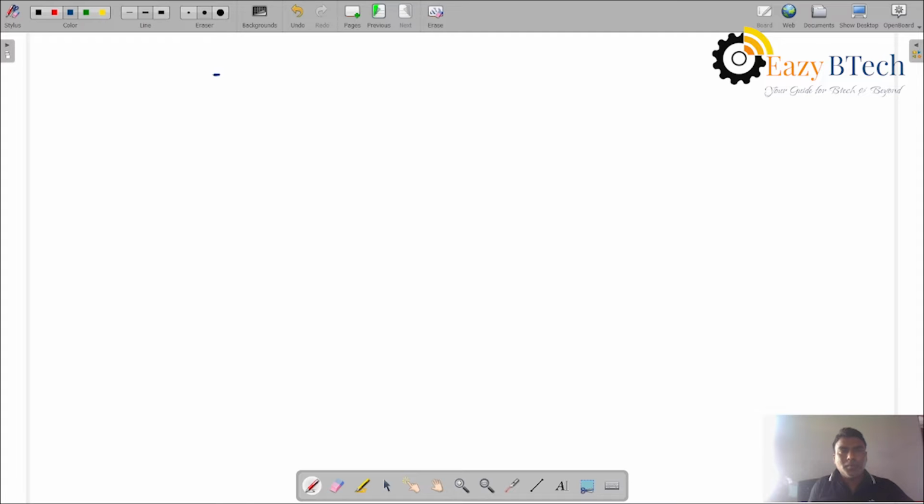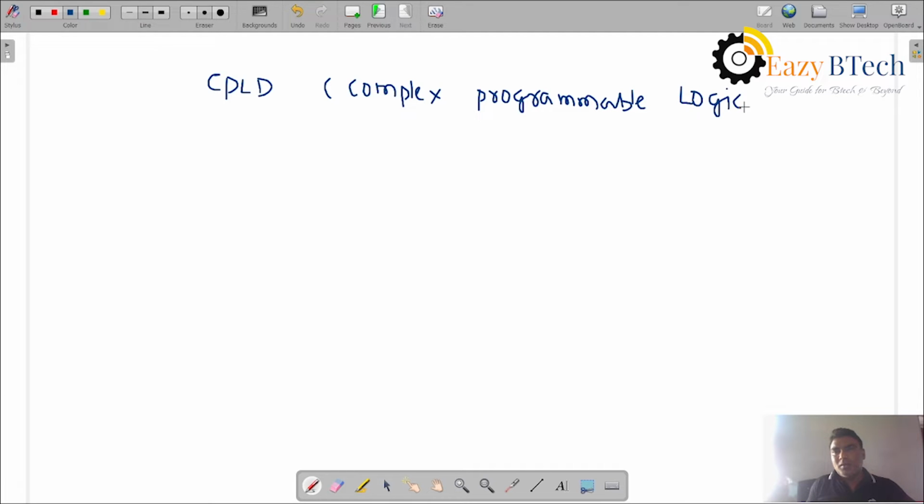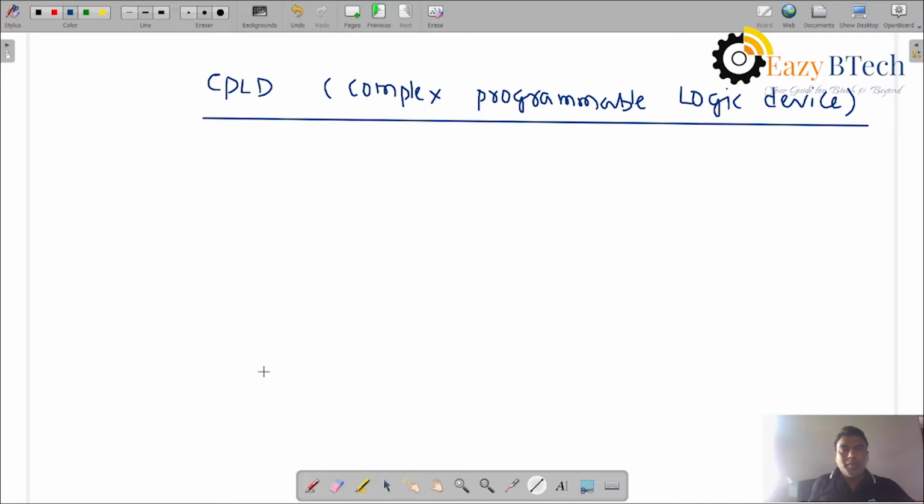CPLD is nothing but a complex programmable logic device. It can be operated programmably. It can store the data and process the data.